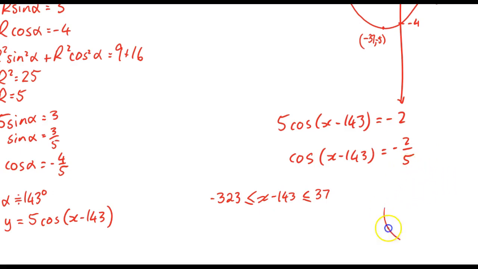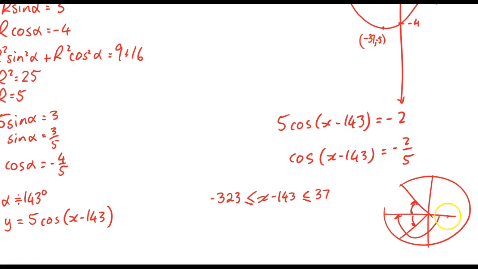Right, so if you like, I'm going to be after these angles here. That's going to be my related acute angle here and here. And I'm after this one and that one. Okay, so pull out the calculator again.